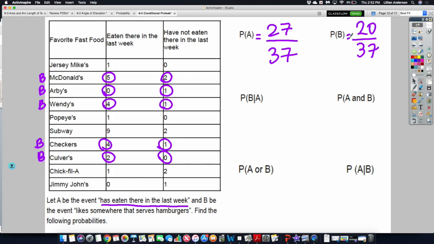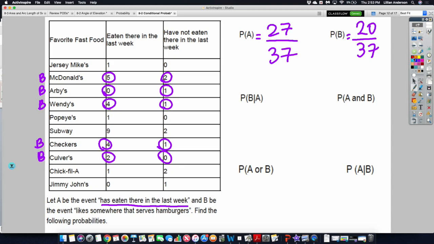Good stuff. Okay. Before we do the one with the line, we're going to do the "and" one next. When you're looking for the probability of A and B, that means you're looking for the number who had eaten there last week and like somewhere that serves hamburgers.